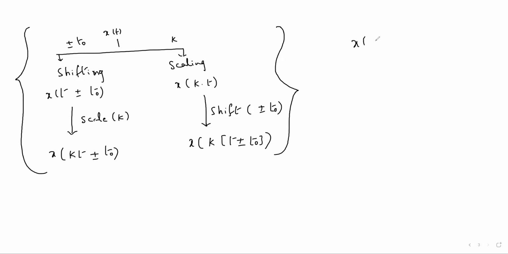I have given the signal x of 2t minus 6. It is nothing but x of 2 into t minus 3. Observe the expression here: scaling constant 2, shifting constant minus 3.